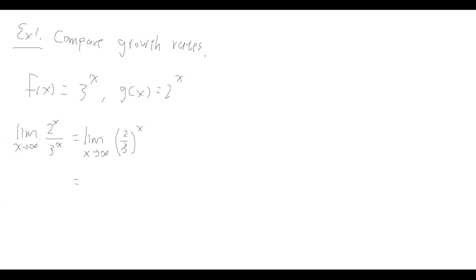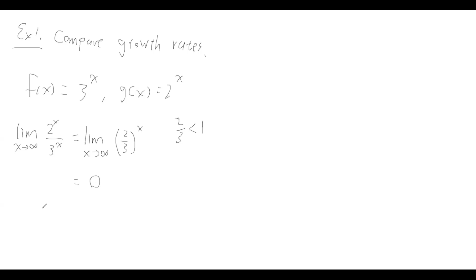Now, 2/3, that's a number that's less than 1, right? Now, when you take a number between 0 and 1 to the power of infinity, what do you get? That's right, you get 0.